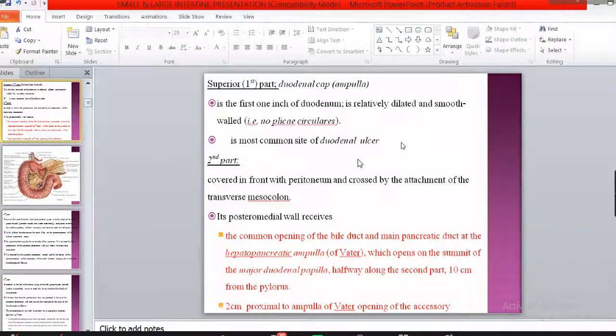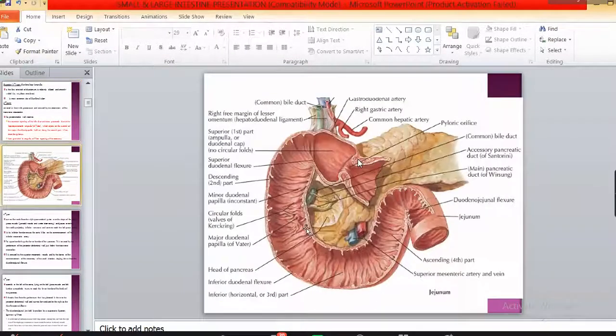But you also have a small opening which is proximal to this ampulla opening, which is for the small accessory duct, as we see in the next image here. So this is the major duodenal opening you see here, and the bile duct and the main pancreatic duct fuse and open as one into the second portion of the duodenum.